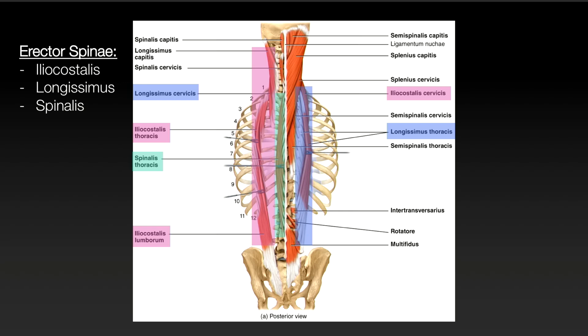We've actually talked about this already. Does anyone want to take a stab, a guess, at what nerves might innervate these deep back muscles? Anybody remember way back when we talked about the nervous system, the brain, the spinal cord? Matt, you want to give it a go?